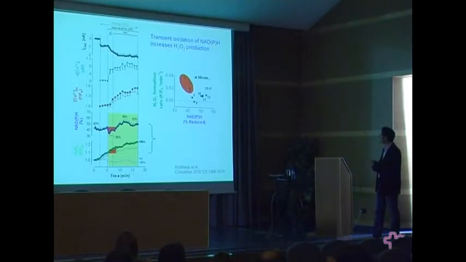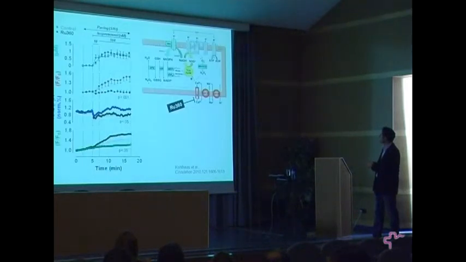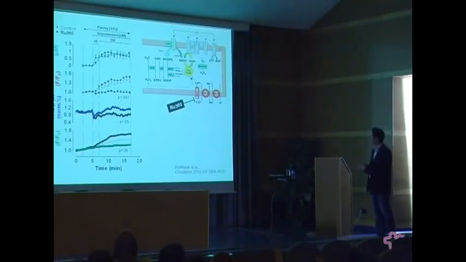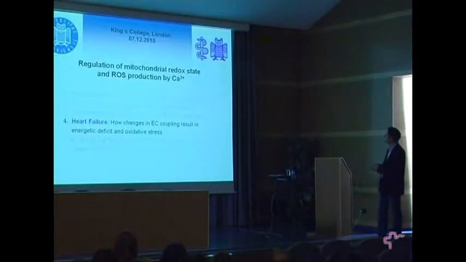Now, as a proof of concept, we added an inhibitor of the mitochondrial calcium uniporter, Ru360, in the pipette solution, and this inhibits mitochondrial calcium uptake, and it blunts the recovery of NADPH and provokes an increase in H2O2 production in the mitochondria, indicating that calcium uptake indeed is important to control H2O2 production.